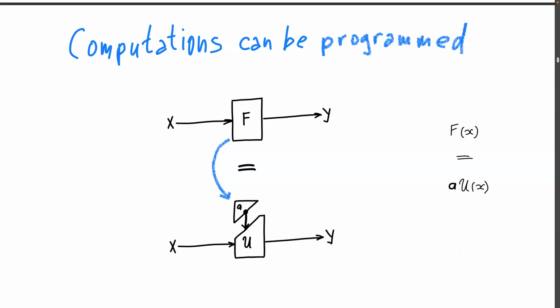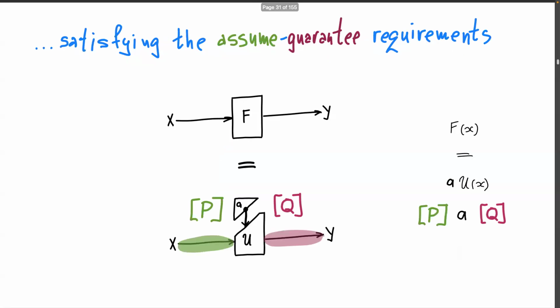So we remember that computations can be programmed, and now we have learned that they can be programmed to satisfy the assume-guarantee requirements. Not only can we find the program A such that when I interpret A by interpreter U, I get the same input-output relations as the function F, which was my programming task, but I can also assure that for precondition P, if I assume P, Q will be satisfied.